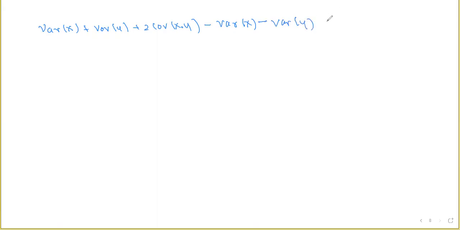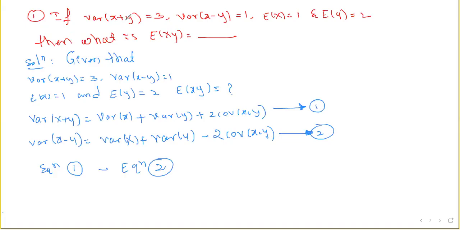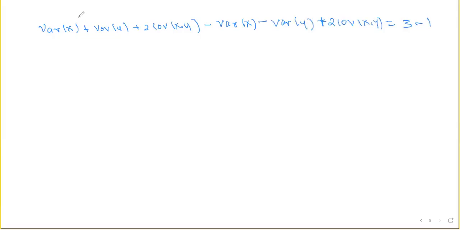Then minus of minus gives plus 2 times covariance between x comma y, which is given by 3 minus 1. Why is it 3 minus 1? See here, variance of x plus y equals 3, variance of x minus y is 1. Now variance of x minus variance of x, and variance of y minus variance of y, get cancelled.